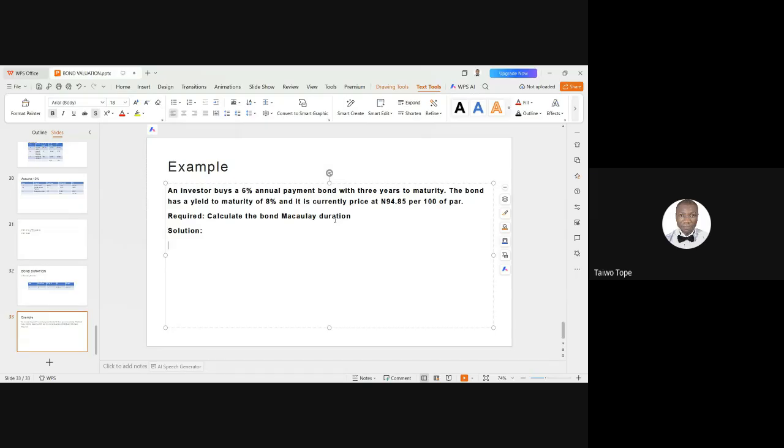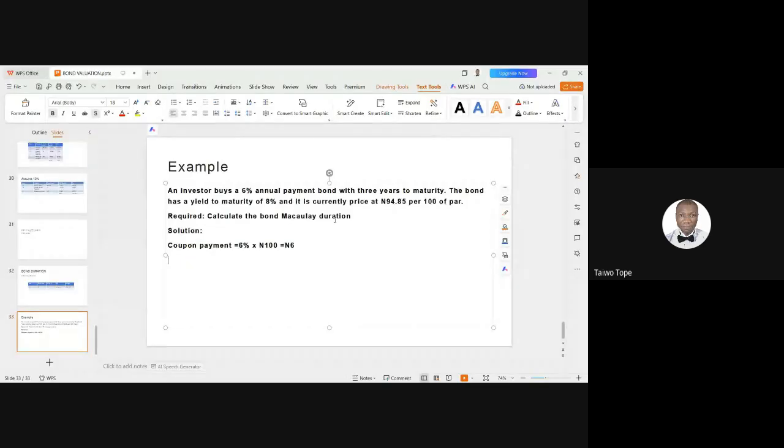Solution. Now, your coupon payment is what? Coupon payments: 6 naira interest for every year. Your cash flow is 6 naira. That is 6% multiplied by 100, and this will give you 6 naira.